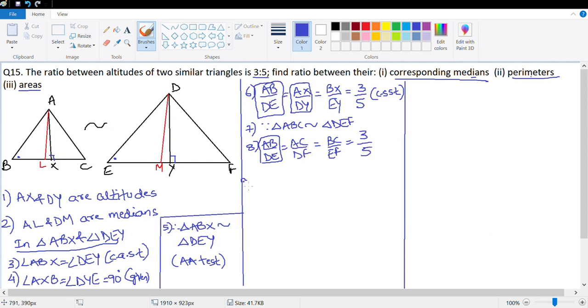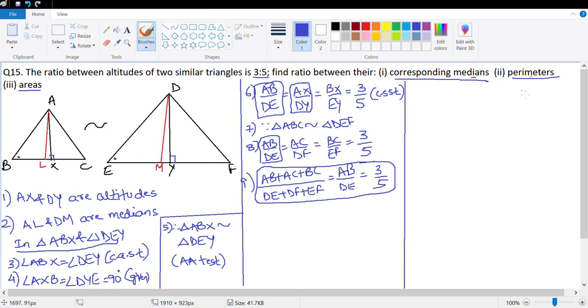Now if I add the numerators, what I get is AB plus AC plus BC upon DE plus DF plus EF. This is nothing but AB upon DE, which is 3/5. So this is my perimeter. This part of the question is done, where we've calculated the ratio of their perimeter.